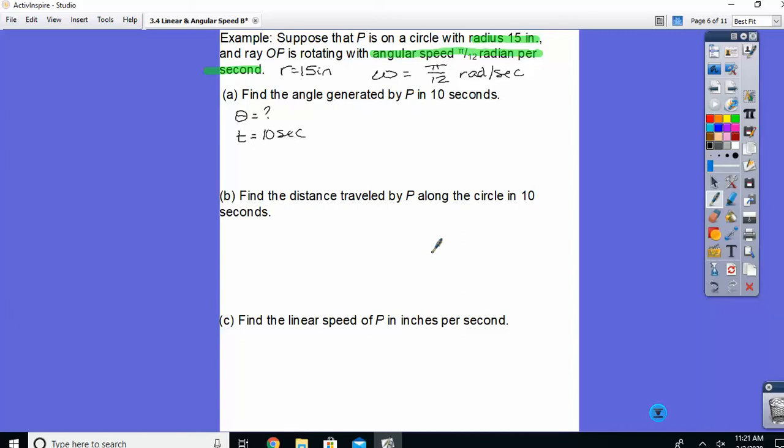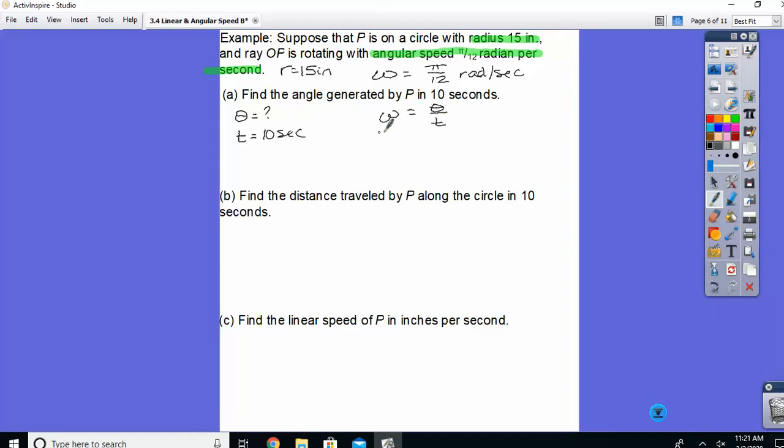Which one do I have the other information for? Like, do I have S equals R theta? Do I have that information? No. Do I have any information about the area? No. Do I have information about my omega and my time? Yes. So if you write out what you have, you can look at your formulas and see which formula is even an option.